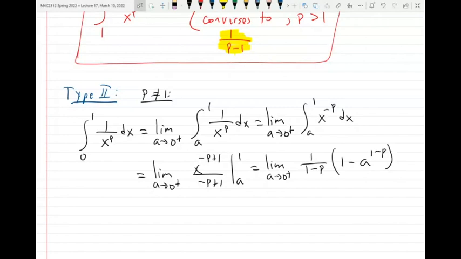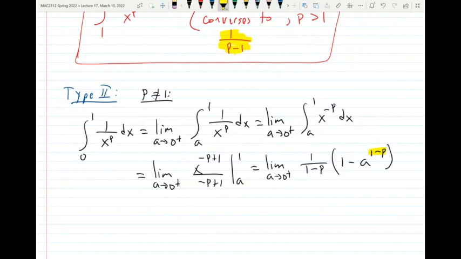Here the limit is a approaches 0 from the right, so we're going to have a 0 here to the 1 minus p. So once again, it depends. This limit is going to depend on this power. If this power is positive, this would just be a 0, and we're going to have a limit, and it converges.